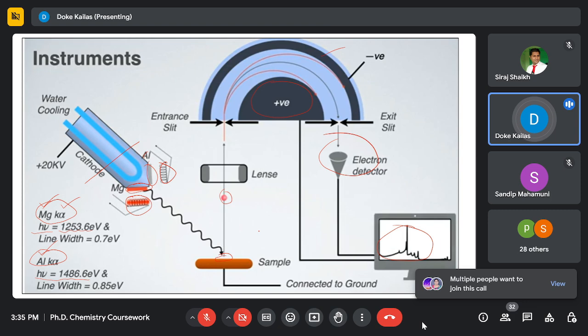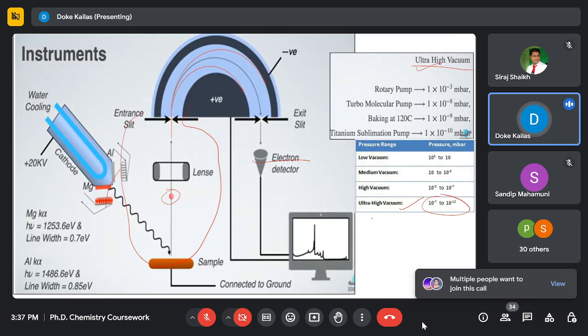What is meant by completely evacuated? The system should be ultra high vacuum. So what is meant by ultra high vacuum? If the pressure of this particular instrument, that assembly, is smaller than 10 raised to minus 7 millibar, then that vacuum is called an ultra high vacuum.